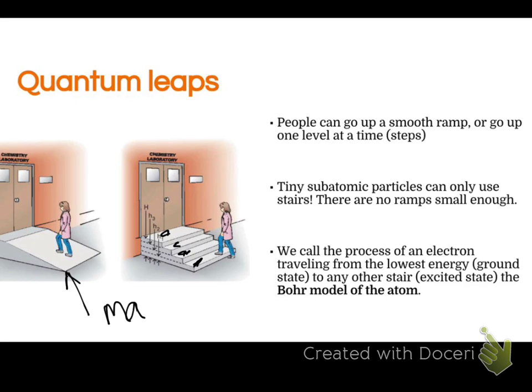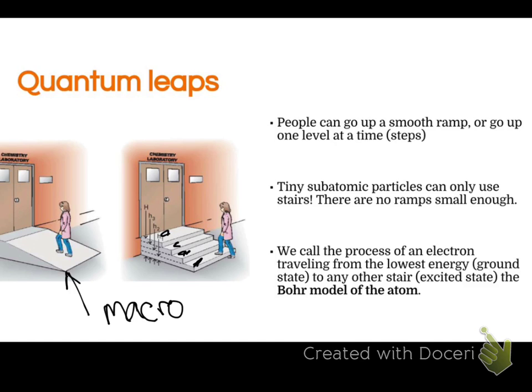This is what we would think of as the macro world. You can exist anywhere along the stoop that you want to be because people can travel through space without any real restrictions about where they can exist. Electrons, because they are quantum particles, don't have that luxury.